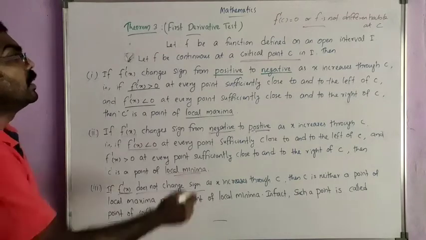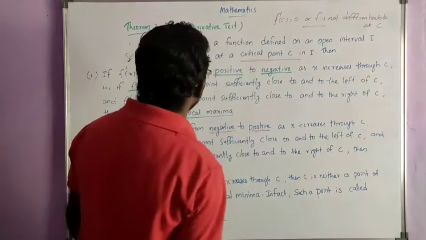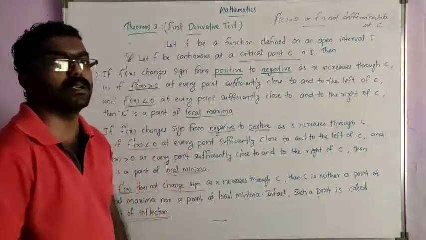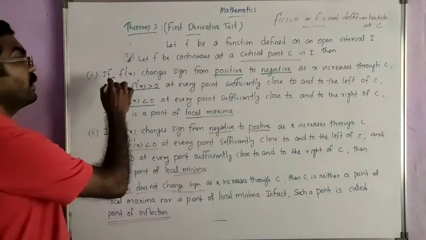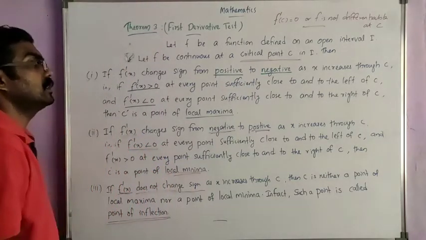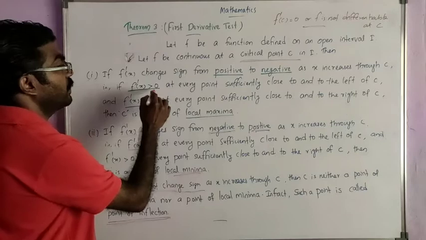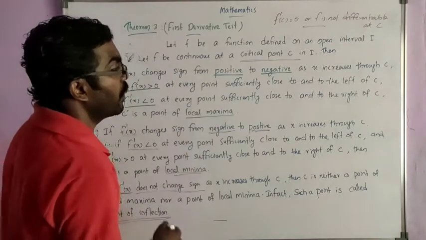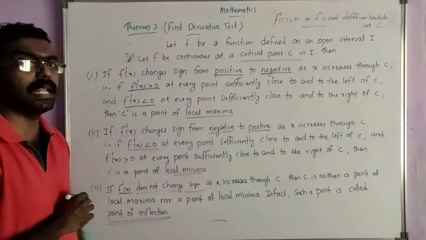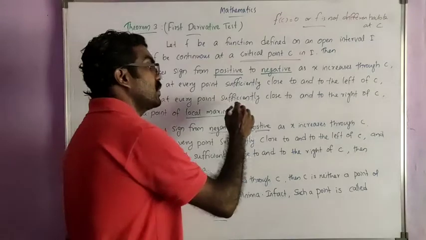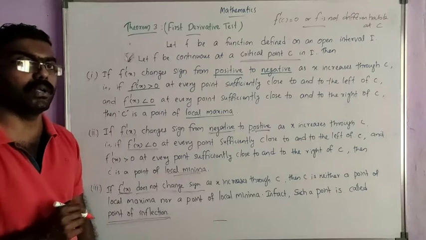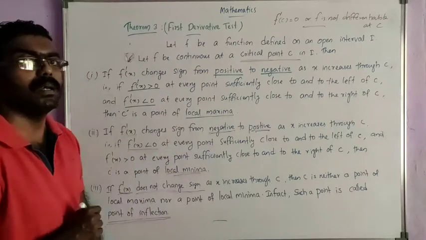I repeat. Let f be a function defined on an open interval I. Let f be continuous at a critical point C in I. Then first, if f dash of x changes sign from positive to negative as x increases through C, that is if f dash of x is greater than 0 at every point sufficiently close to and to the left of C, and f dash of x is less than 0 at every point sufficiently close to and to the right of C, then C is a point of local maxima.